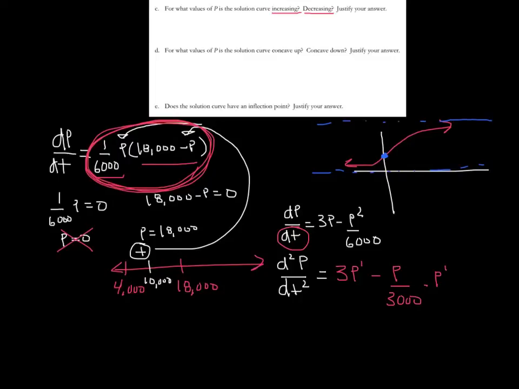All right, so now I'm going to factor out a p prime here, and this is going to come in handy for example 3. You'll see why we're doing this. I'm factoring out a p prime, and now we have this as our second derivative.